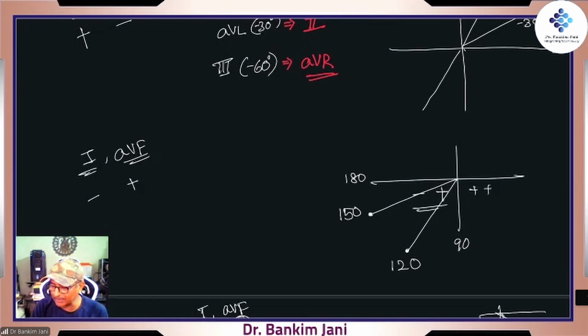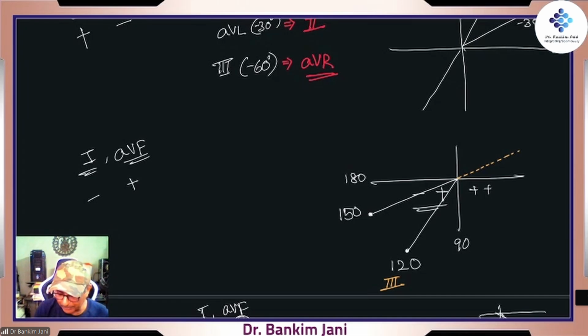Next is what you have to answer, and you must have guessed, which leads? At 120, which lead is there? Correct. Lead 3. And at 150, which lead is there? Very good. Right. AVL.